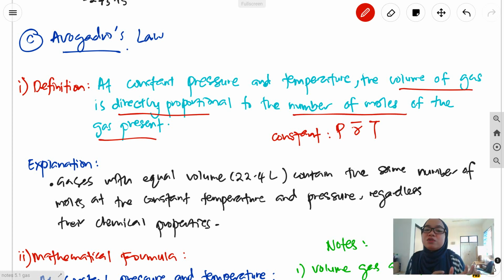Number of moles is usually related to the amount of gas. So gases with equal volume will contain the same number of moles at constant temperature and pressure, regardless of their chemical properties. This is what Avogadro's law states.